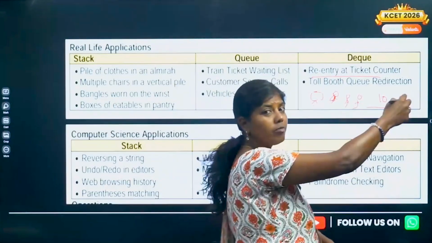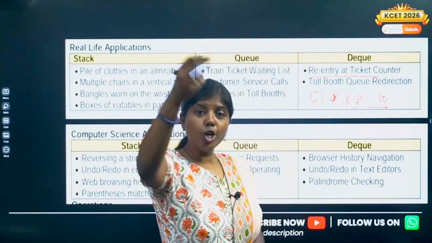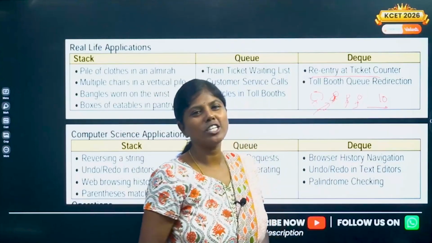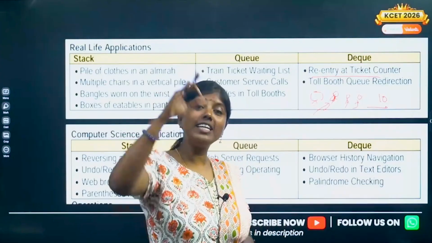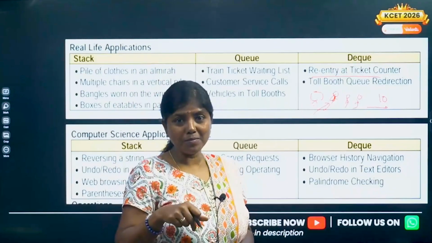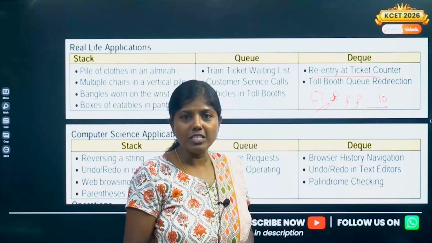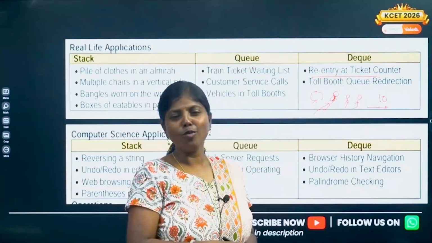Will he join from the rear end, or will he be given the privilege to re-enter the queue from the front? We have to give him some privilege because he was already in the queue for a long time. For example, there are so many patients waiting for a particular doctor visit and an emergency patient comes in, then we definitely have to allow him, right?